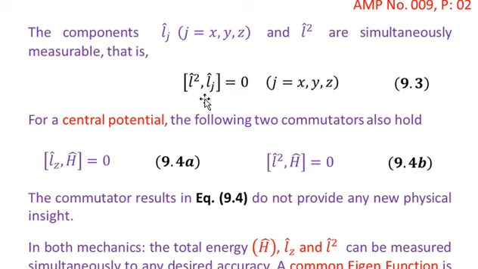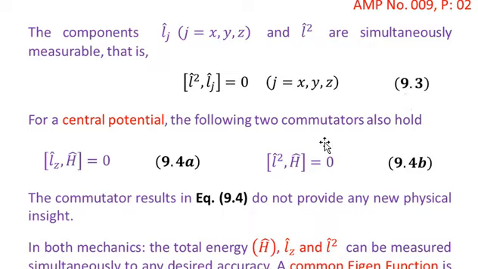That is, L square commutes with components of the orbital angular momentum. And here j again stands for x, y, and z, but one at a time. So this is equation number 9.3.